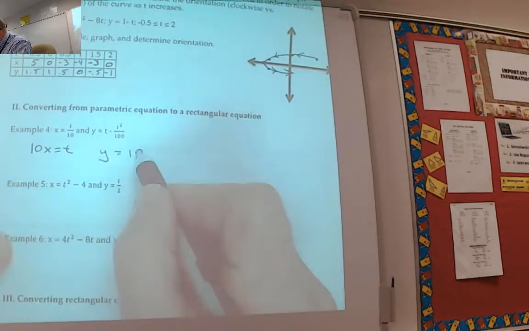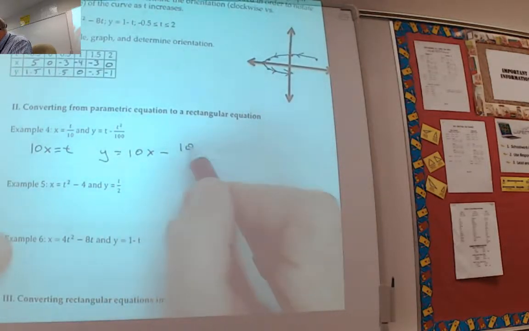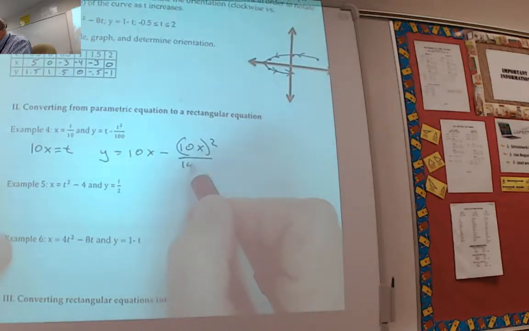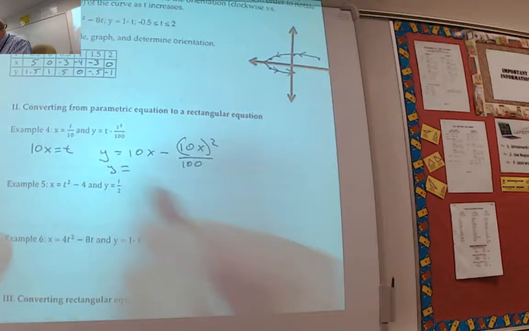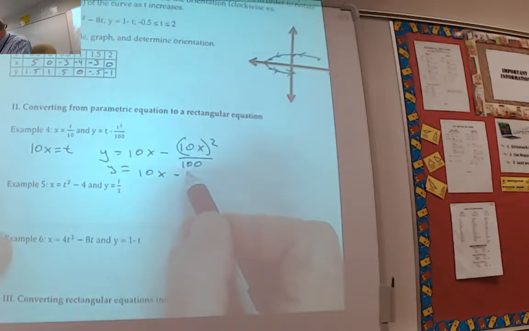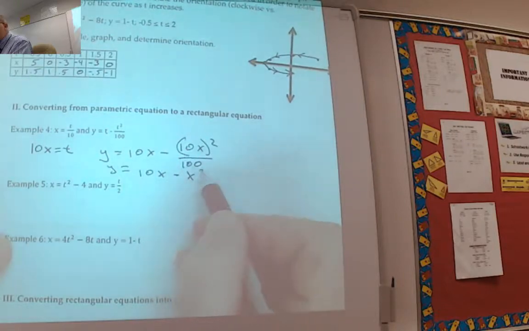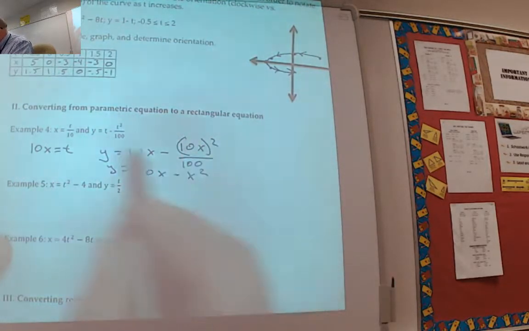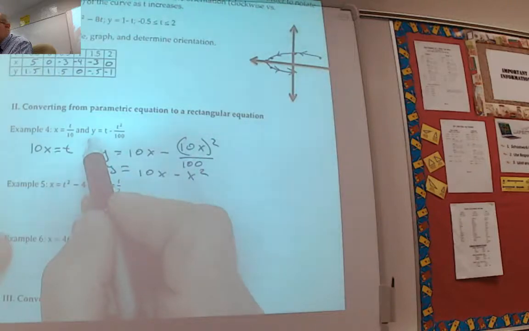And so I'll have 10x minus (10x) squared over 100. And so my rectangular equation is going to be 10x minus x squared. Does everybody see where that comes from? And this graph should look like that parametric graph.